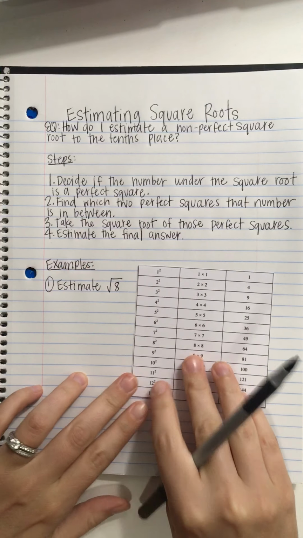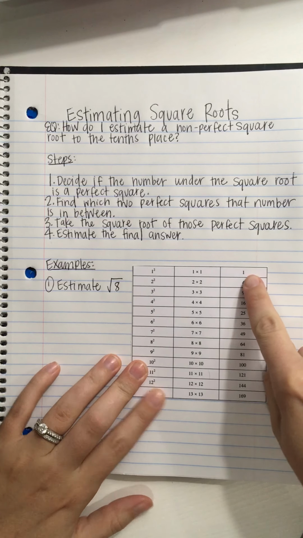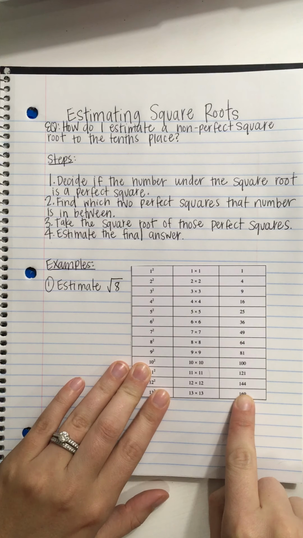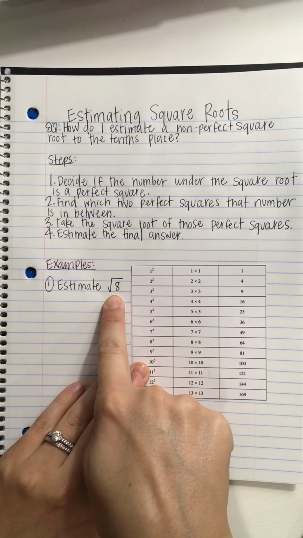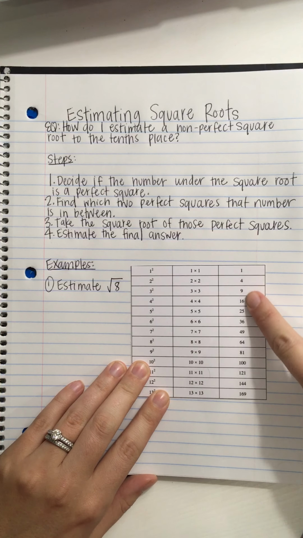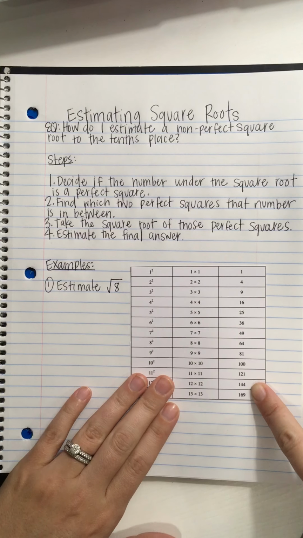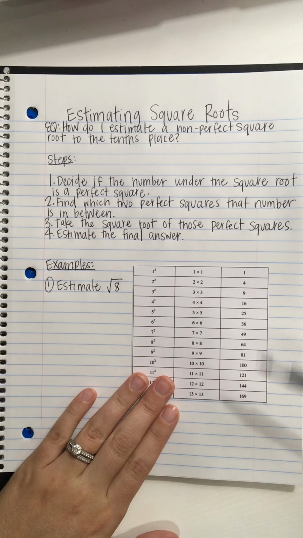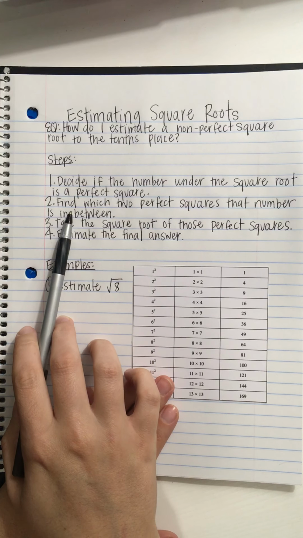So let's pull up our perfect squares again. So remember, in this column, these are the perfect squares. So if we have a square root of 8, do you see 8 anywhere in here? Is that a perfect square? Nope. So now we move on to step 2.